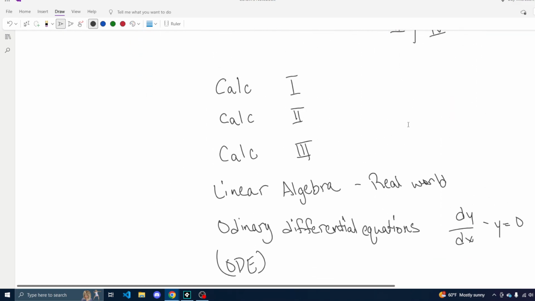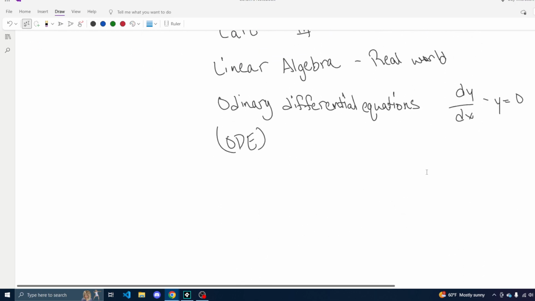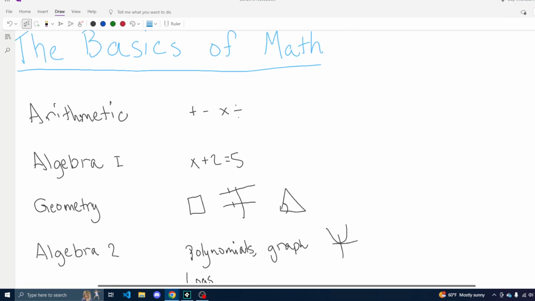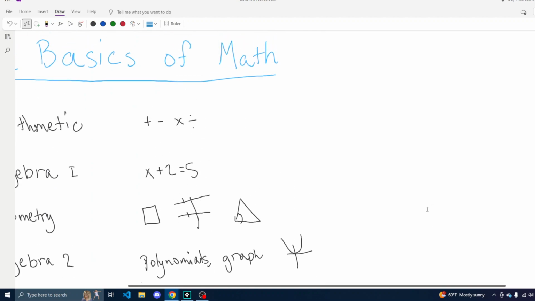Up until this point, we've been extracting and abstracting and kind of modeling the real world in a sense with all of our math. And now we go down a completely different route. So after you get past all of this math, then you start learning proper math. How to prove different ideas in math.